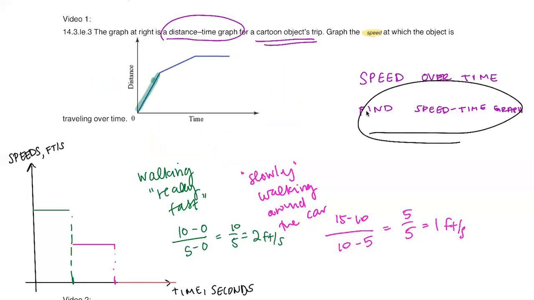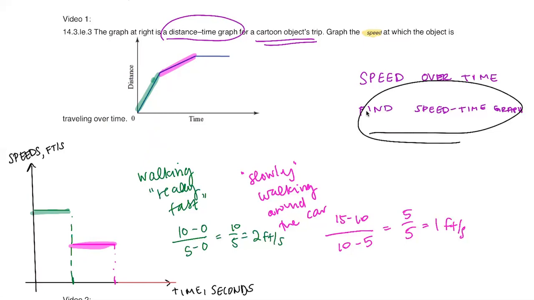And so it was consistently the same fast here in the green section on the speed time graph. Then we were walking around our car kind of slow in the middle pink section, a little bit less fast in the pink speed time graph portion.